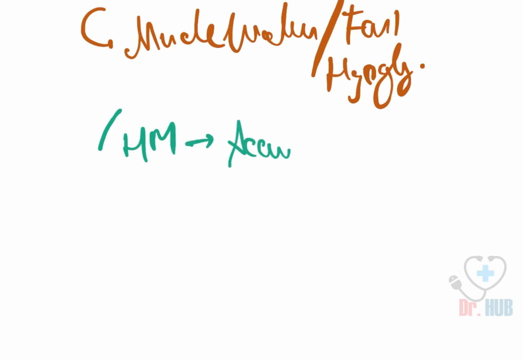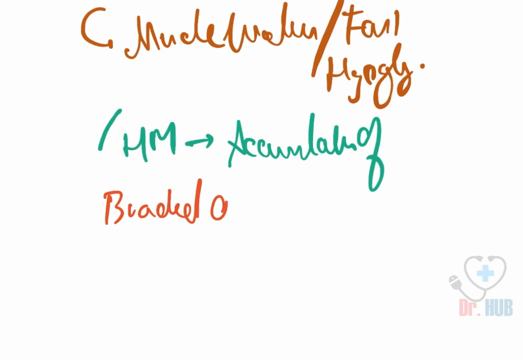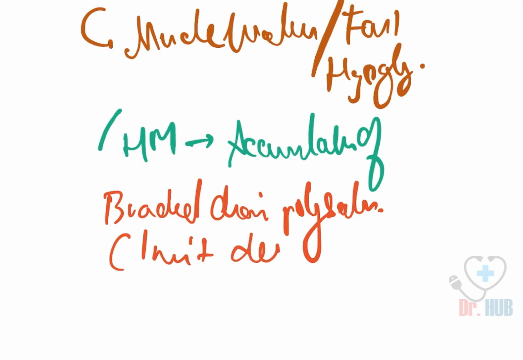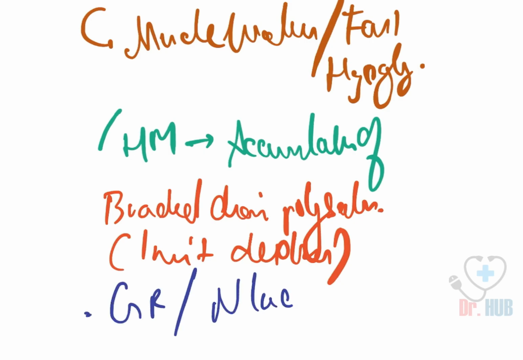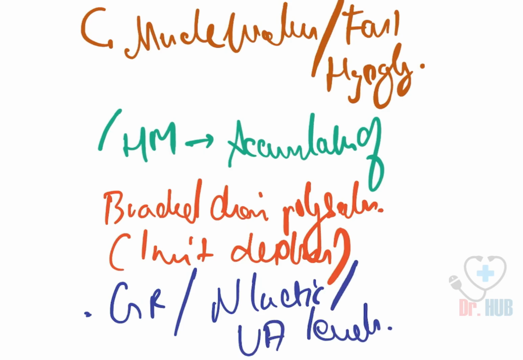It is due to the accumulation of the branched chain polysaccharide, that is the limit dextrins. Then there is also the presence of growth retardation as well as normal lactic as well as uric acid levels.